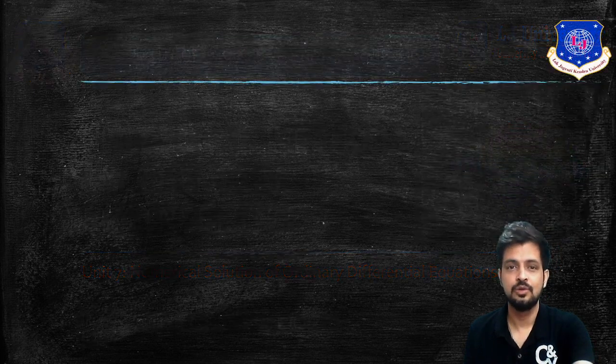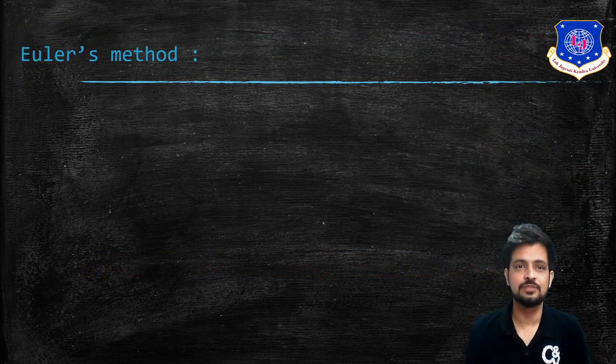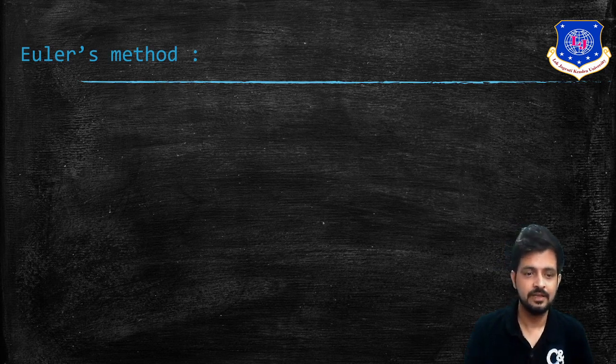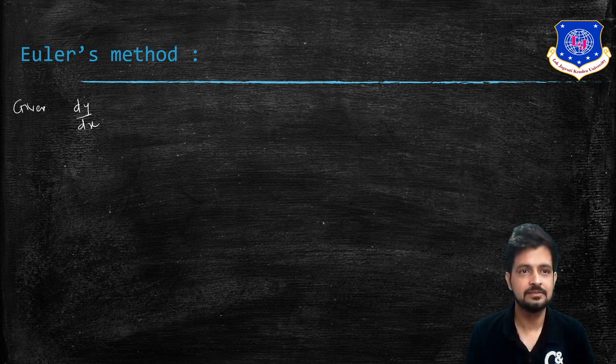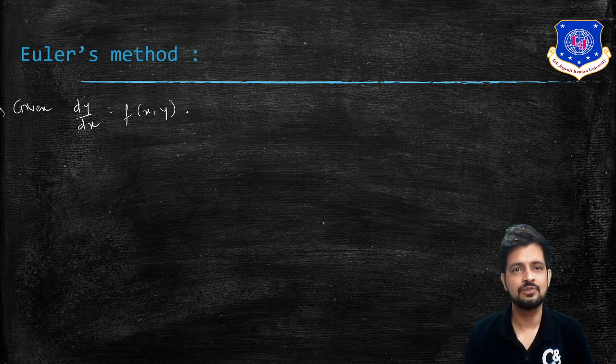Today we will start a new method, that is Euler's method. In Euler's method also, what will be given? First of all, like other methods, it is given that dy by dx is equal to a function of x comma y, and this is also an IVP, so y of x0 is equal to y0 will be given.